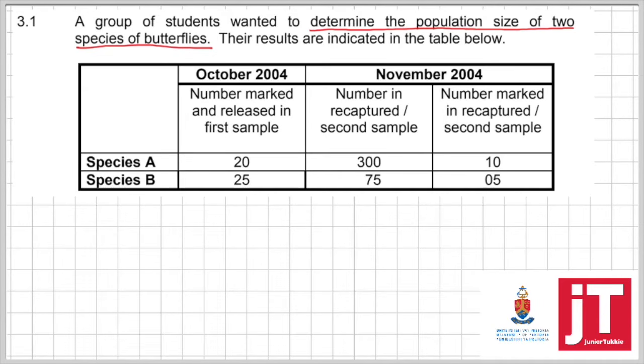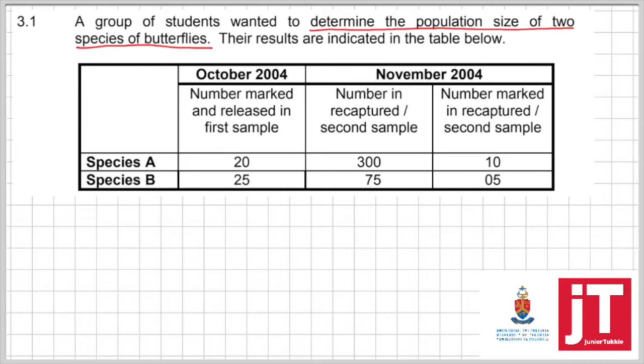So we've got species A and species B, numbers captured, marked and released, then the second recapture, and the number that we actually had in the recapture sample. So we get given a whole lot of values here. Let's just quickly have a look and see what we have. For species A, in October 2004, the number of marked individuals released was 20, and in November 2004, the number of individuals in the second sample, in other words the recapture sample, was 300.